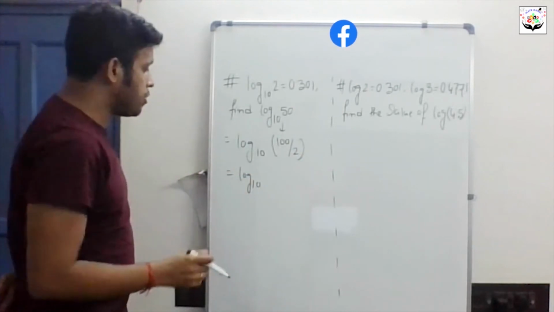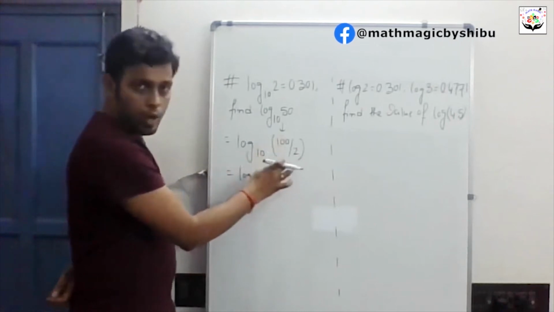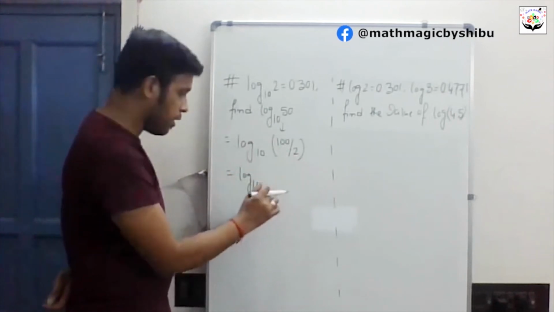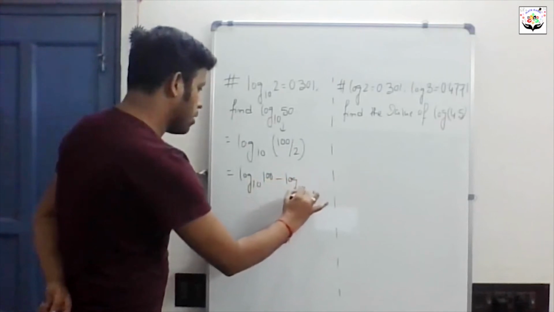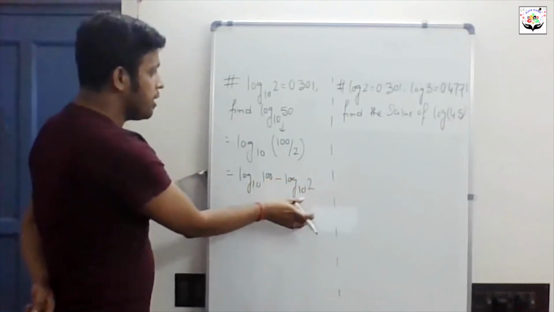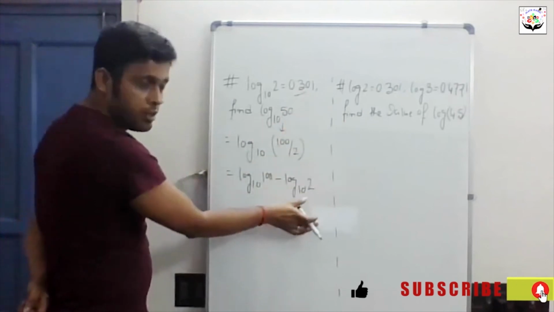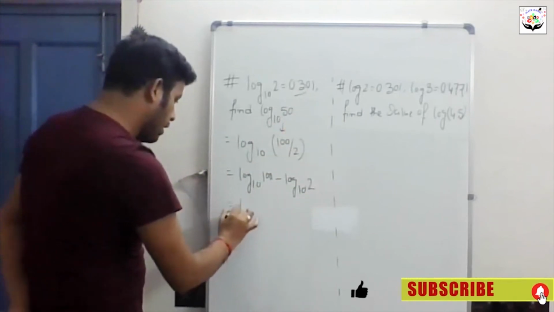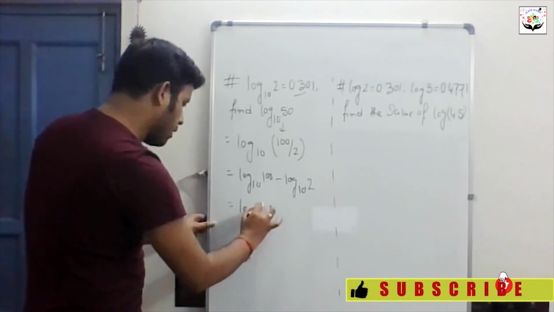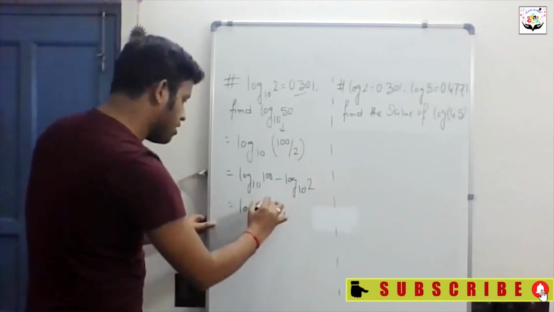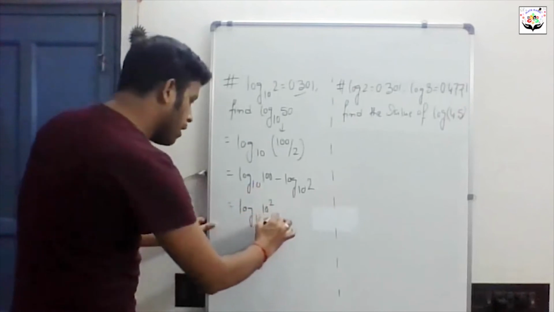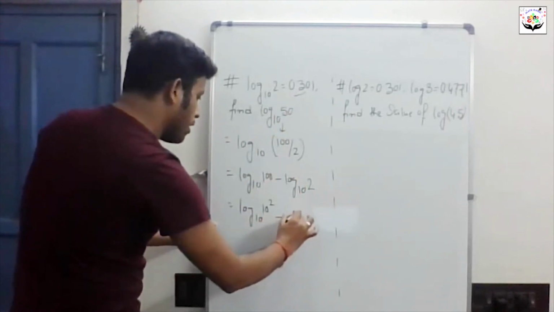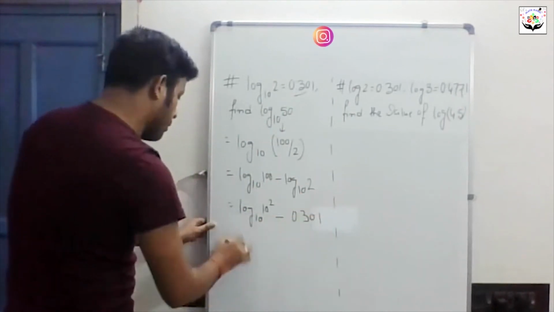As we know, log x by y equals log x minus log y. So we can write log x minus log y. As you can see, this part has already come, so we can put this value over here. If we structure this part, it will become 10 square, as 100 equals 10 square. So we put the value 0.301 here.